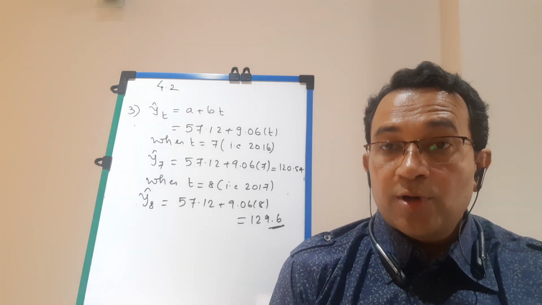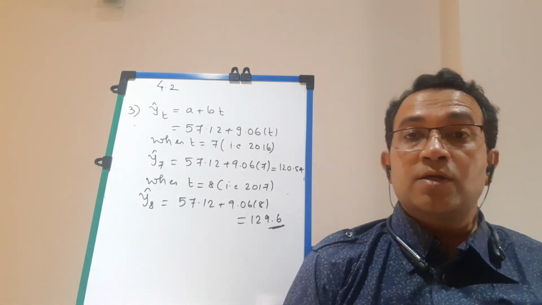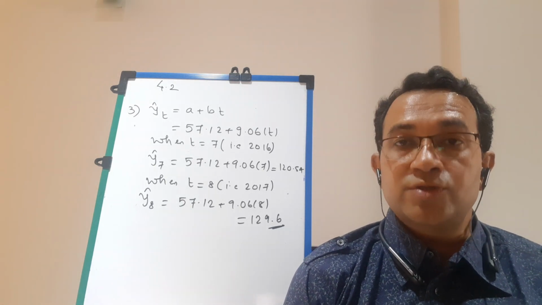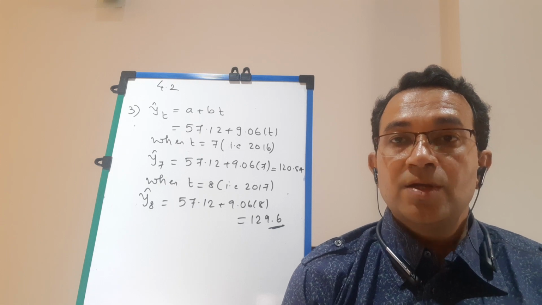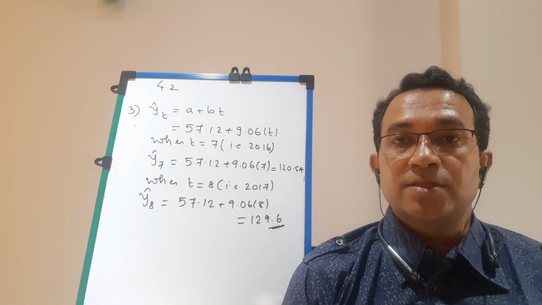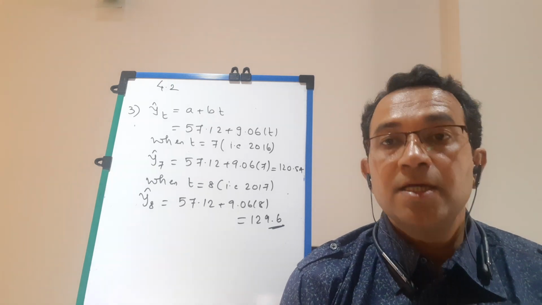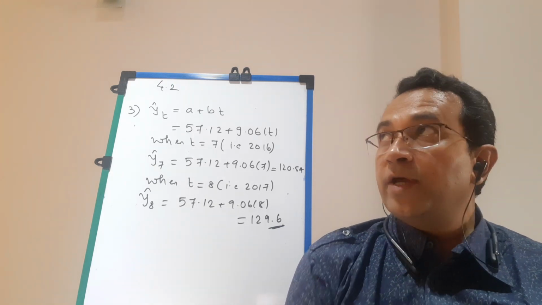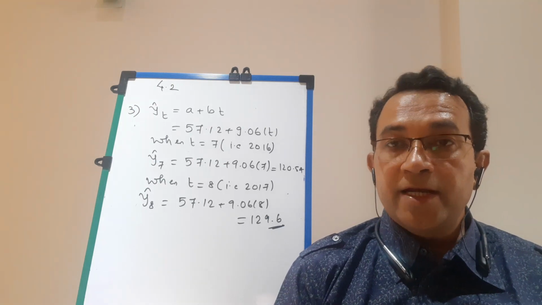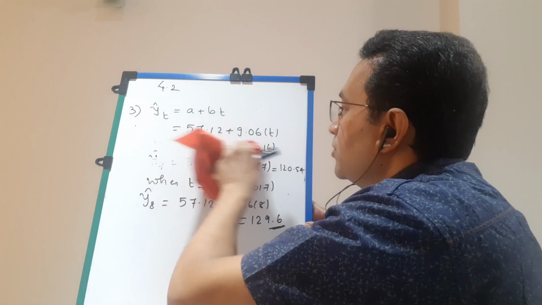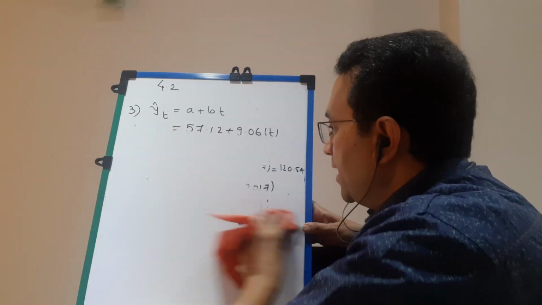The next important step, students, one more part of the question is to find trend values. Whenever we are supposed to find trend values, I told you it can always be obtained after obtaining the equation of the trend line.